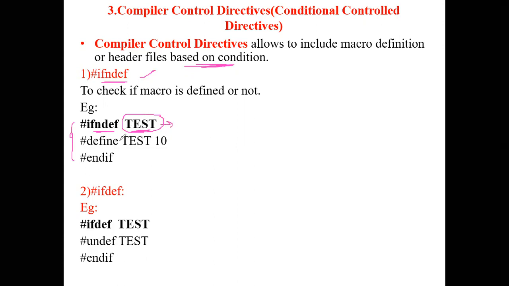Now in the next line we have the definition. Previously this macro test is not defined, correct? If it is not defined, this statement will give you false. Next, if it is not defined, then it will define the test macro with the value 10.